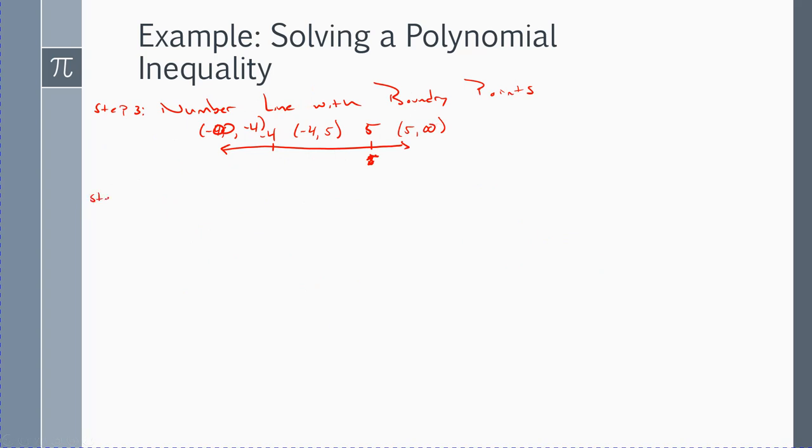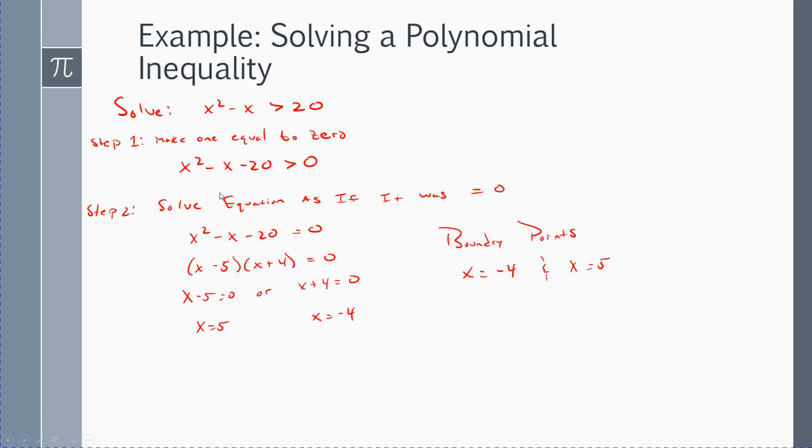In step 4, you're going to pick test values within each interval. Just so we're clear, my f of x here was x squared minus x minus 20, because that's what was right here.